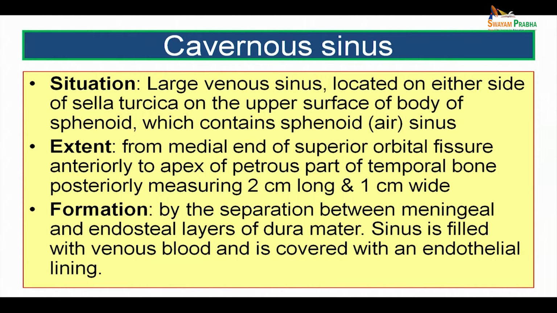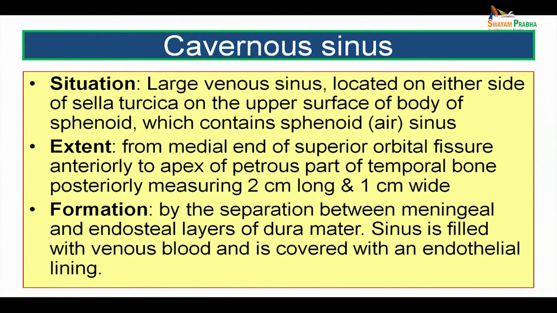What is the extent of the cavernous sinus? It extends from the medial end of the superior orbital fissure anteriorly to the apex of the petrous part of the temporal bone posteriorly. It measures about 2 centimeters in length and 1 centimeter in width.